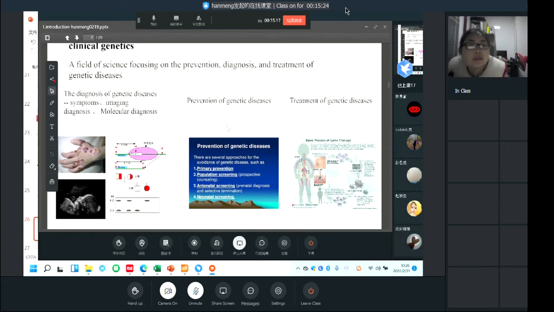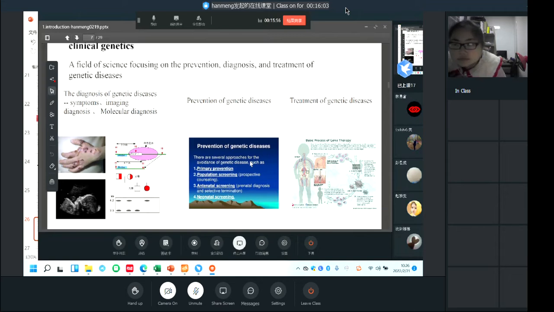Then clinical genetics focuses on the prevention of genetic disease. Before you want to have a baby, you can go to the hospital to examine your body, and when you are pregnant, you can also examine your baby to see whether your baby is healthy.